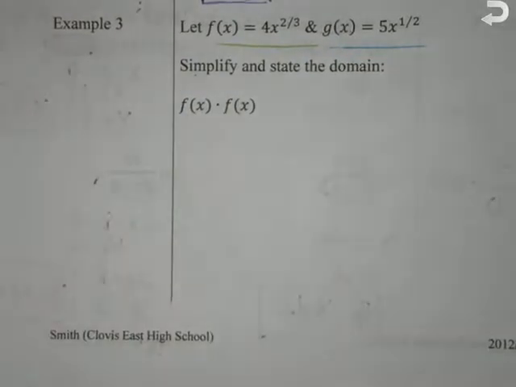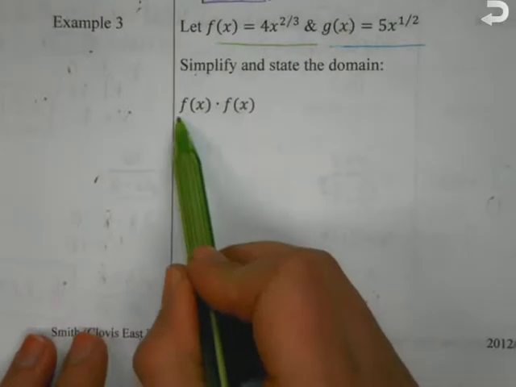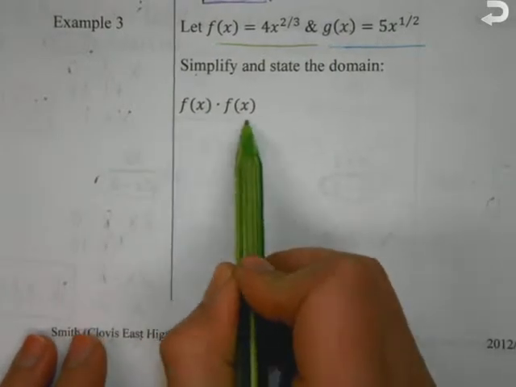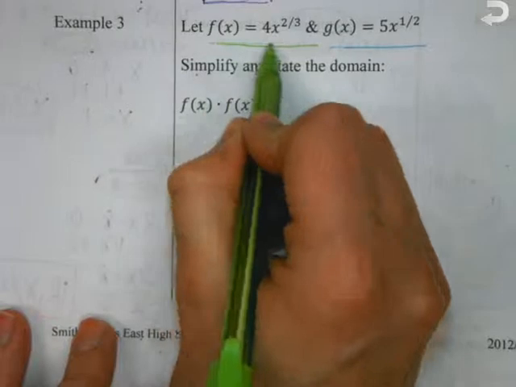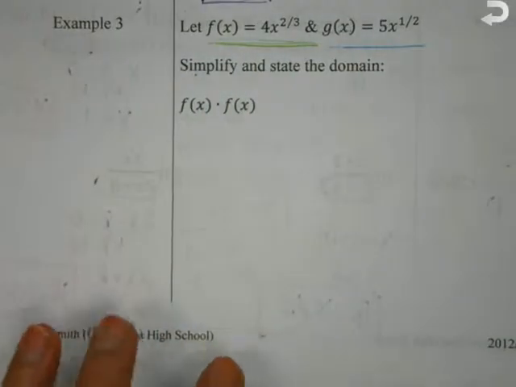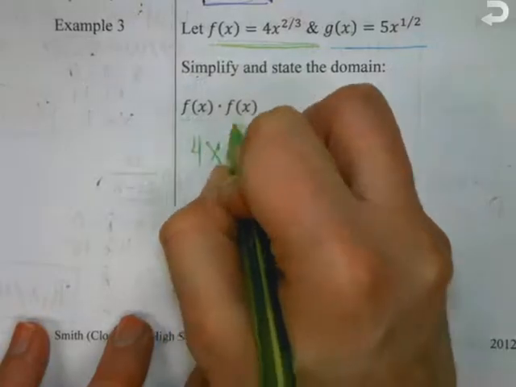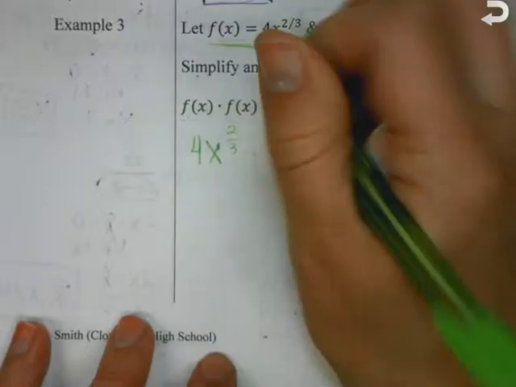So example 3, we're multiplying f of x times f of x. So I'm only going to be working with this function here, and all we want to do is plug them in. So this is 4x to the 2/3 times 4x to the 2/3.